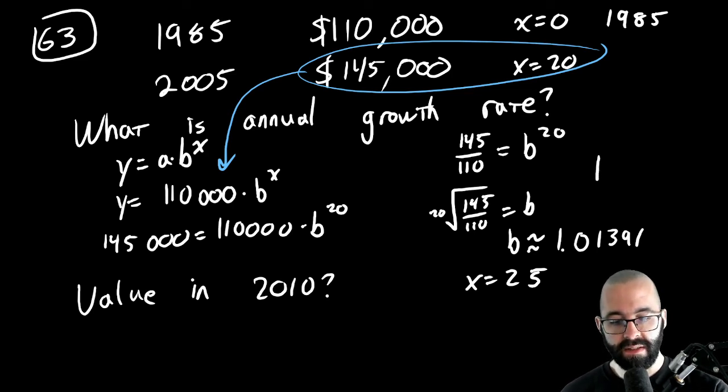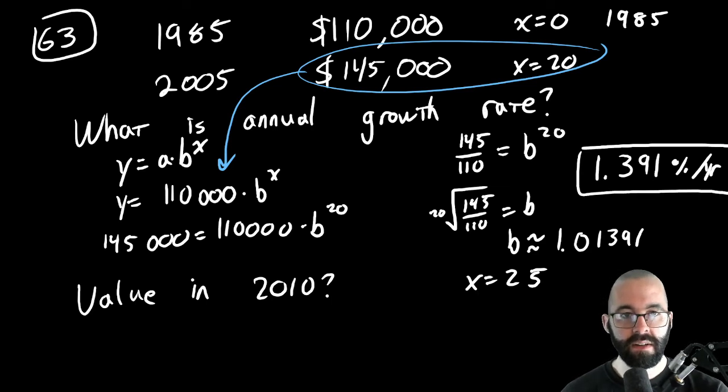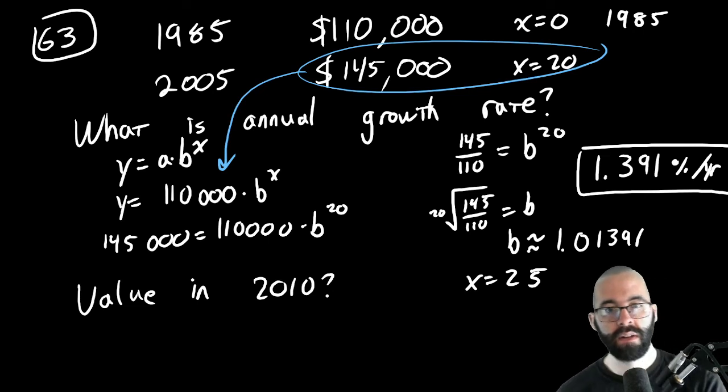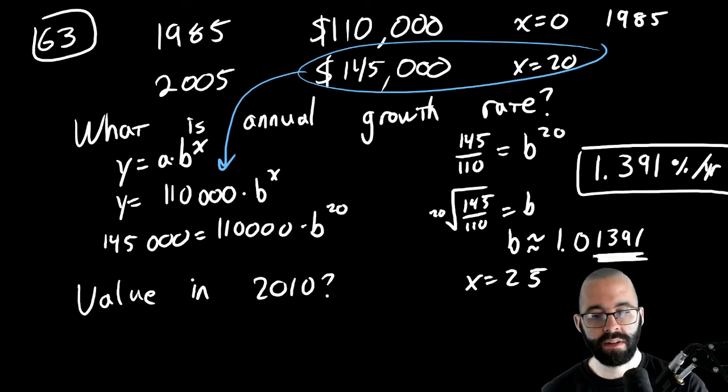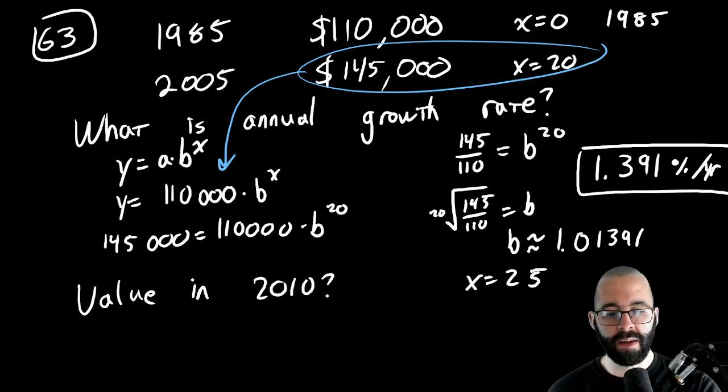It wants 1.391% per year. That's what it's asking. That's how it's growing. Converting this part to a percent. Right? Just like that earlier example, if we had 9% growth, we wrote it as this was our B value, but it's 9% growth.